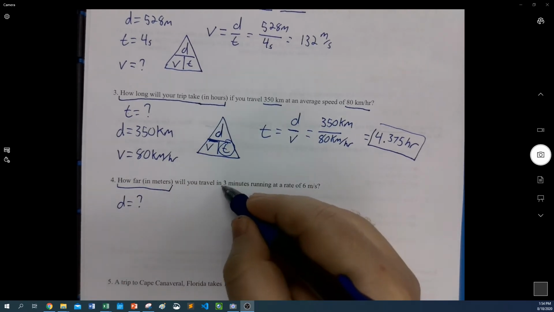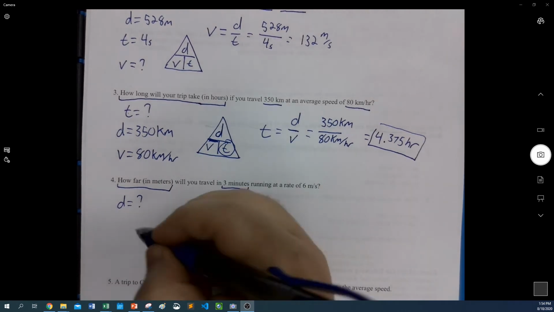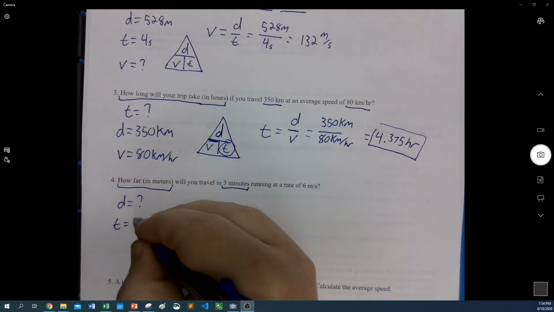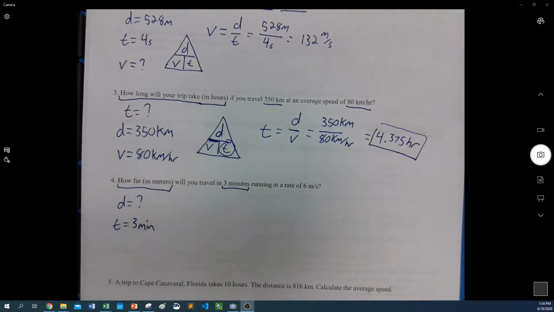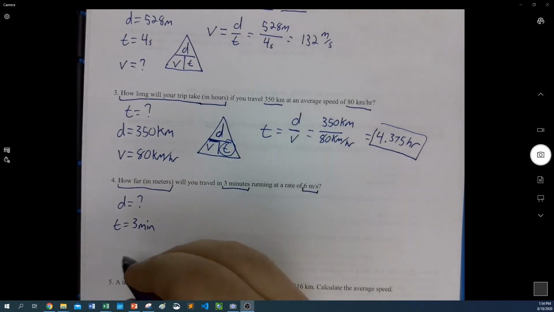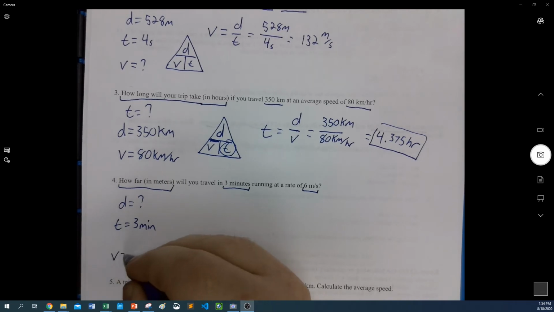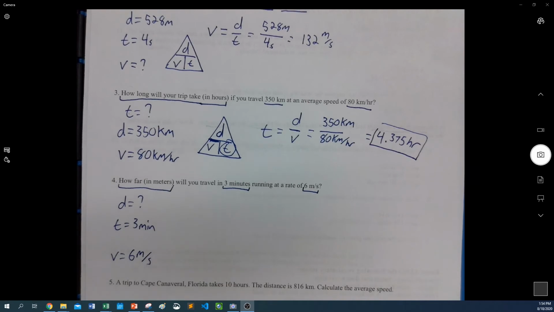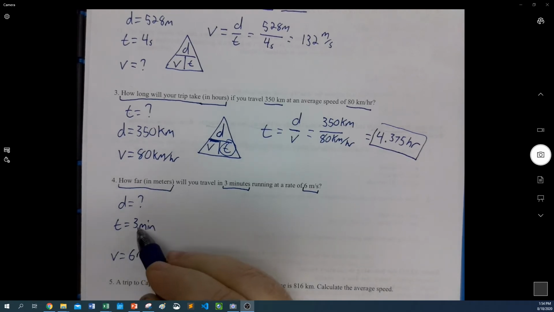Well, you travel in 3 minutes. So our time is 3 minutes, running at a rate of 6 meters per second. So we're moving 6 meters every second. But our time is in minutes.